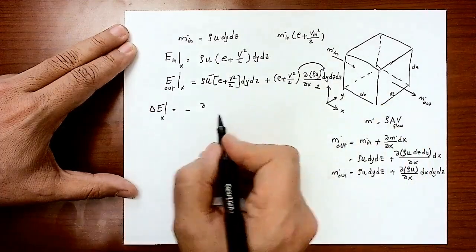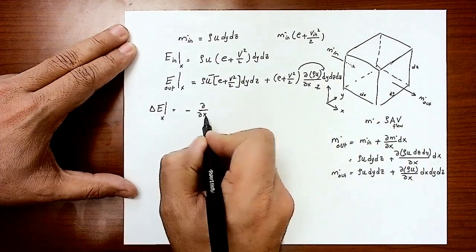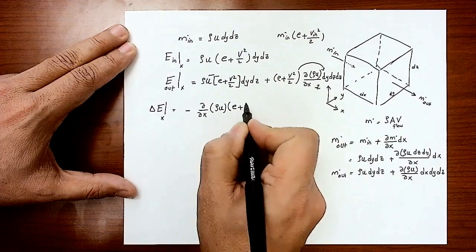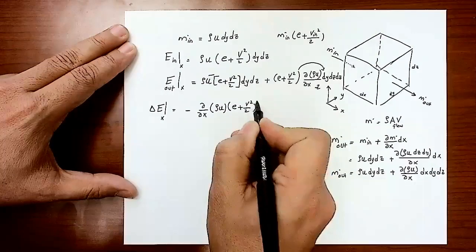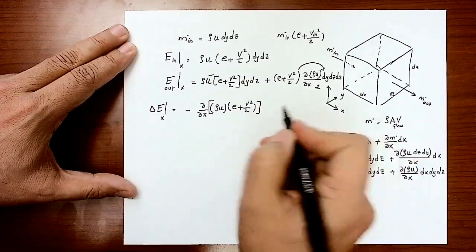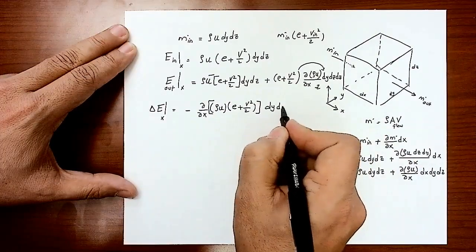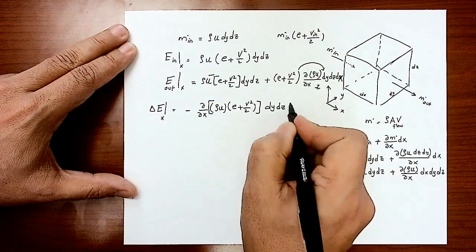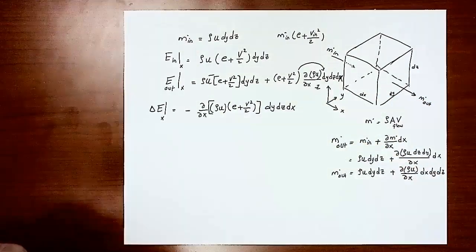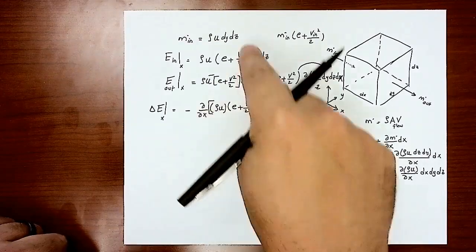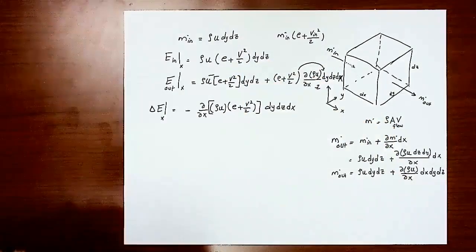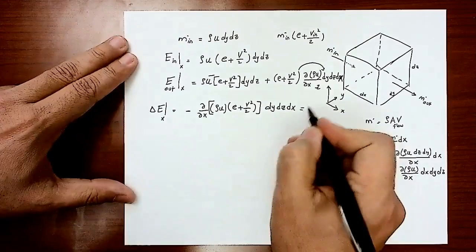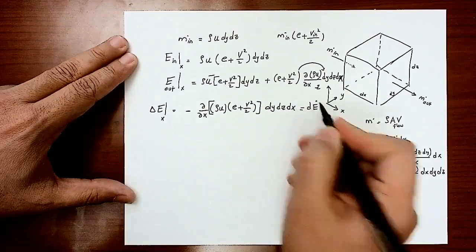So I will have partial by partial x of rho u multiplied by (E plus V squared over 2), totally in a bracket here. Then I will have dy dz dx, and the negative because I'm subtracting what's in minus what's out. So this is the change, which we can call dE dot.